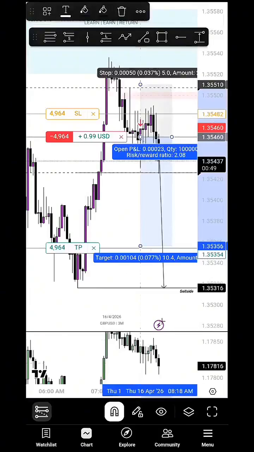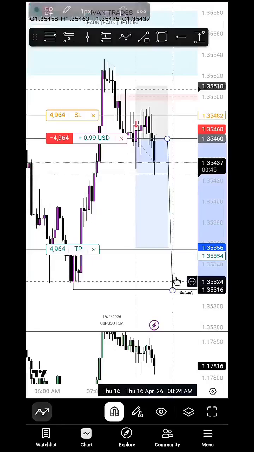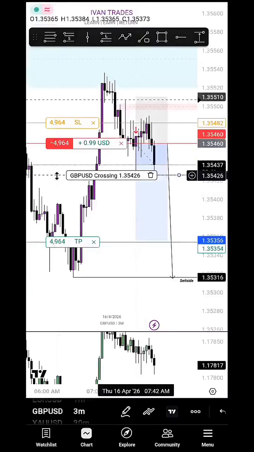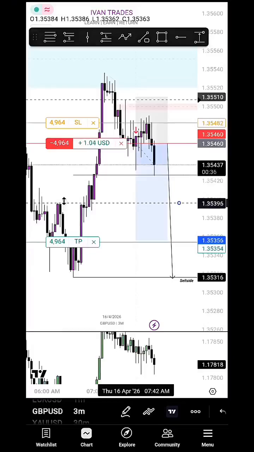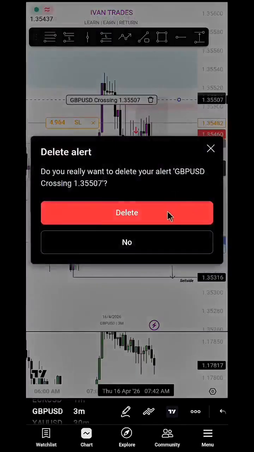My stop is right now at the bodies, those bodies. So I want to see if the price will continue expanding to the downside and potentially reach this 1 to 2 risk to reward.